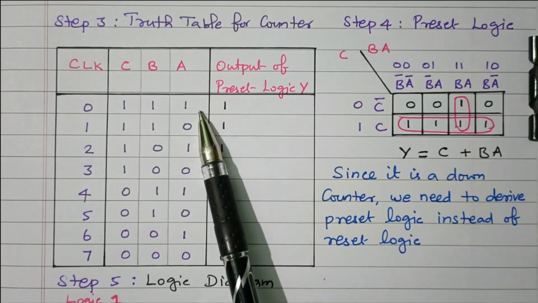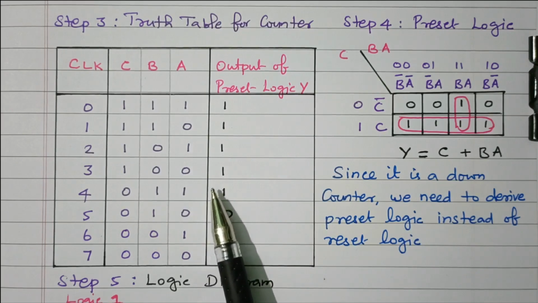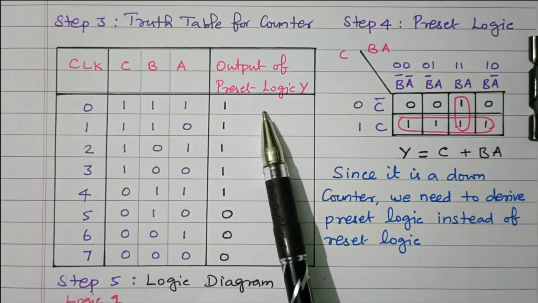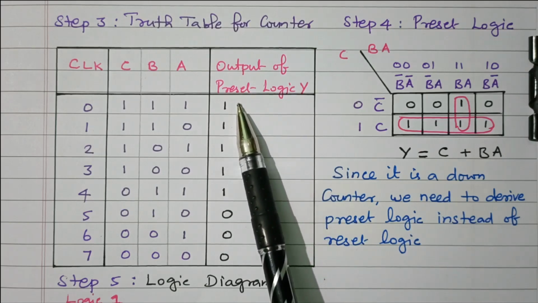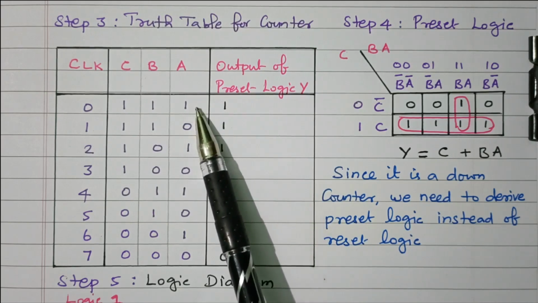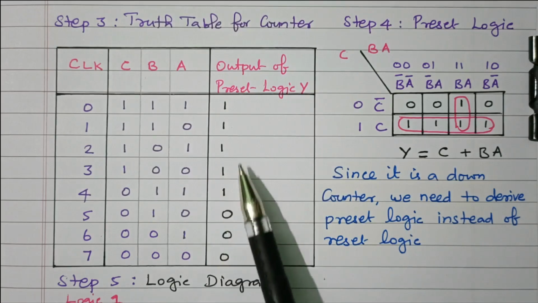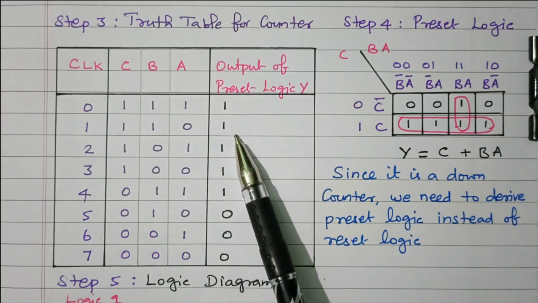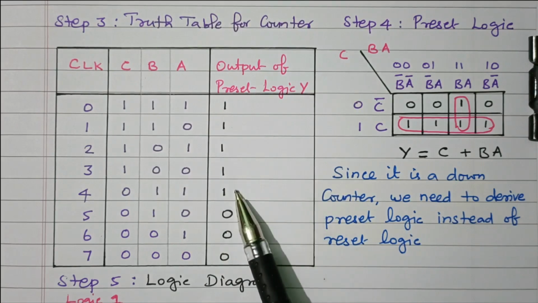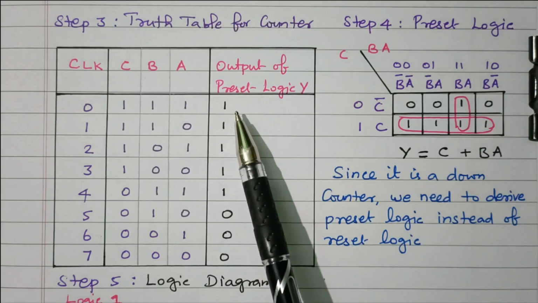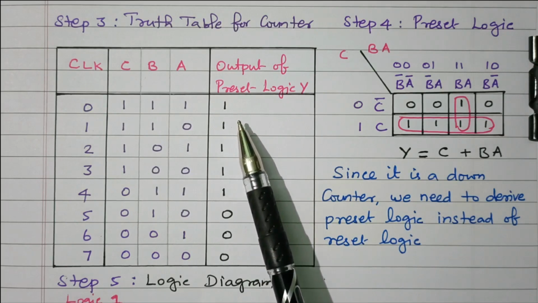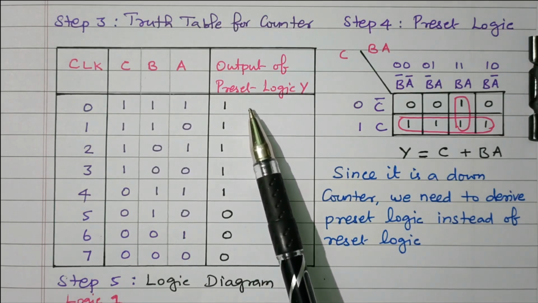So for an up counter we use reset logic, and for a down counter we need to use the preset logic, so the flip-flop will be preset and again start from the high level. Based on the state diagram, the first 5 are high and the remaining 3 are low. We can also take it as a mod 5 counter. So it is clear that for an up counter we use reset, and for a down counter we use preset.